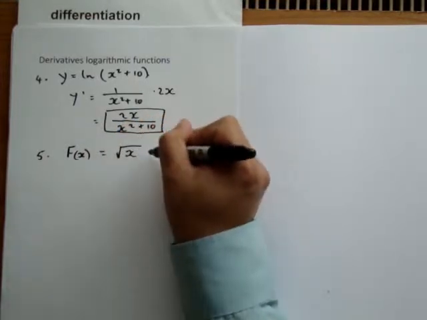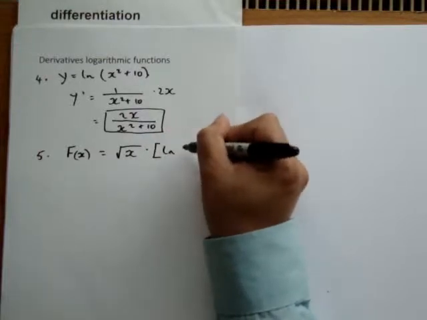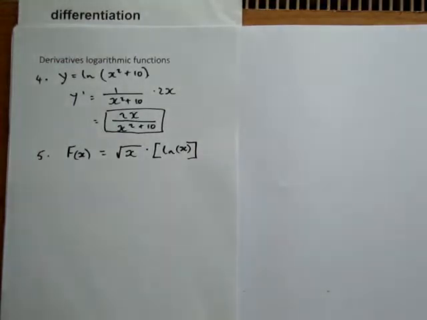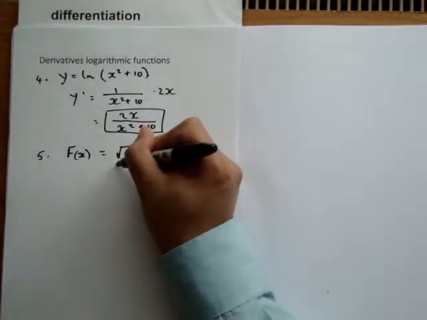Square root of x, natural log of x. So here we're multiplying two functions together, so this is the product rule.